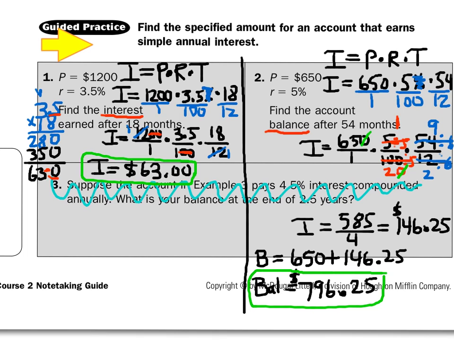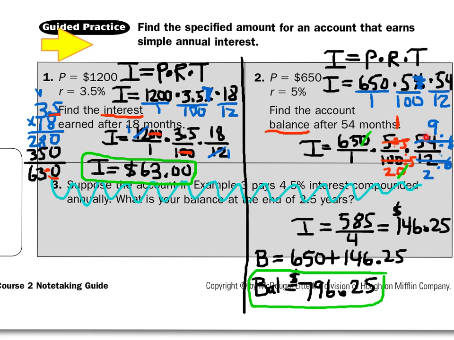So now I showed my work right here, how I was simplifying and reducing. So look at, let's see, I simplified the 5 and the 100. I divided both by 5. So 5 divided by 5 gave me 1. 100 divided by 5 gave me 20. And then I saw a 0 in the 20 and a 0 in the 650, so I canceled those out with my green pen.